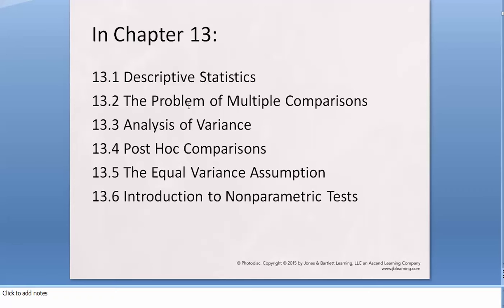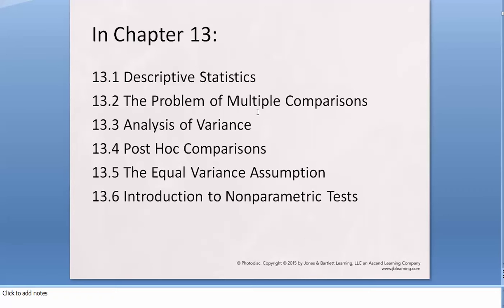Then we will talk about an issue that arises because you have several means. If you have just two means, you have only one comparison to make. If you have more than two means, you will have several pairs of means.